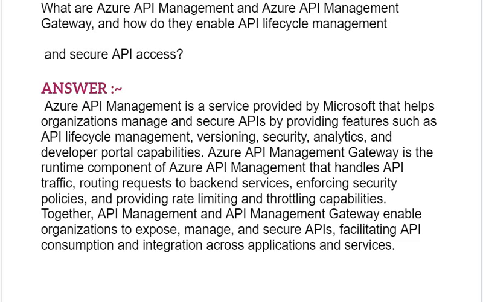Azure API Management Gateway is the runtime component of Azure API Management that handles API traffic, routing requests to backend services, enforcing security policies, and providing rate limiting and throttling capabilities. Together, API Management and API Management Gateway enable organizations to expose, manage, and secure APIs, facilitating API consumption and integration across applications and services.